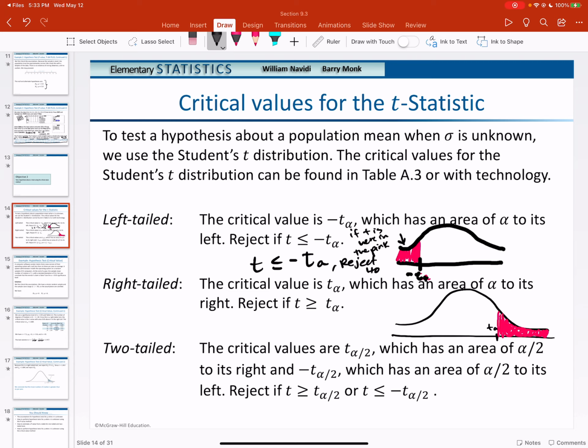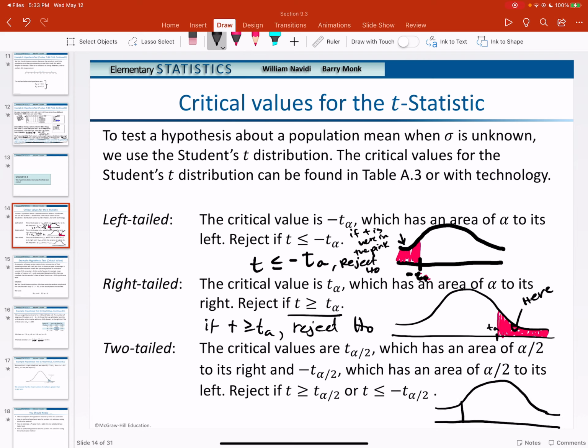And if T is in here, in other words, we would reject the null. So if T is greater than or equal to T sub alpha, we reject H0, or reject the null hypothesis, okay?